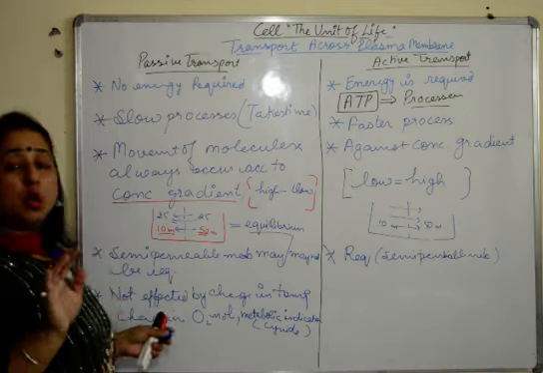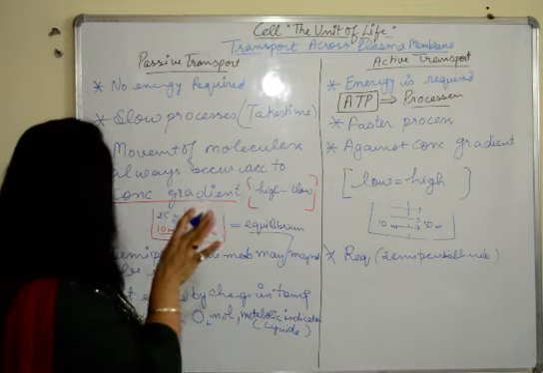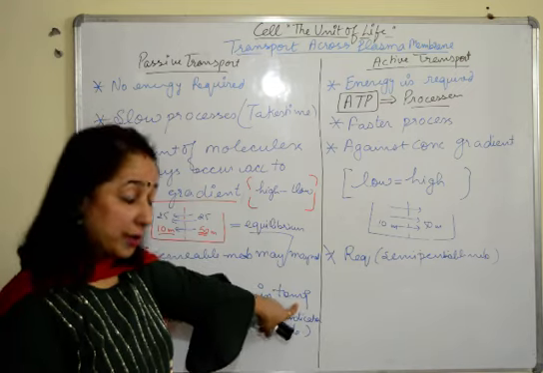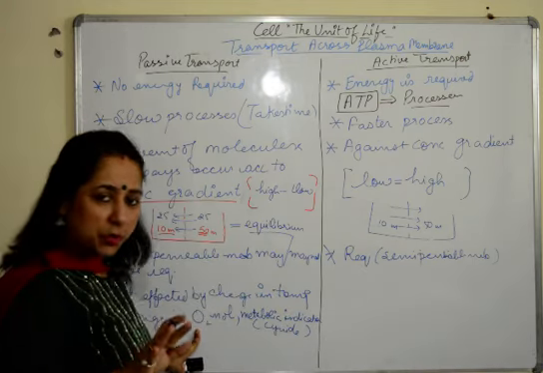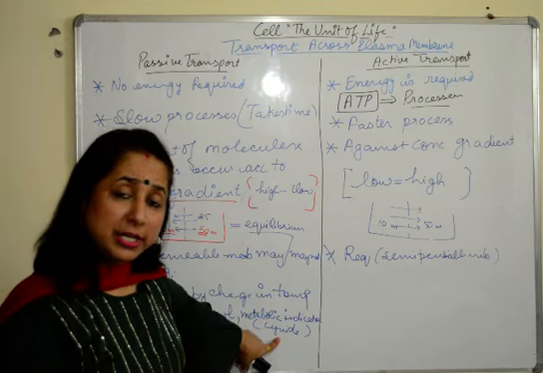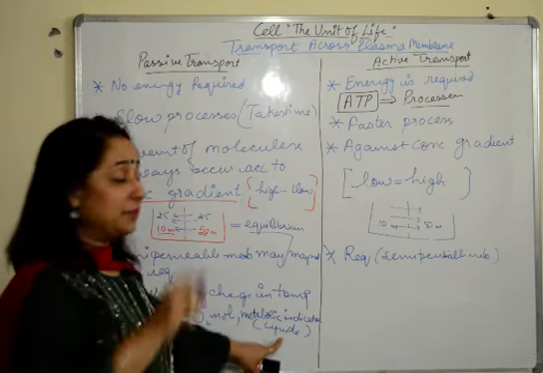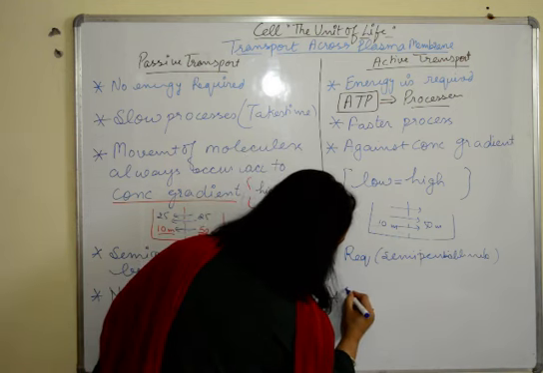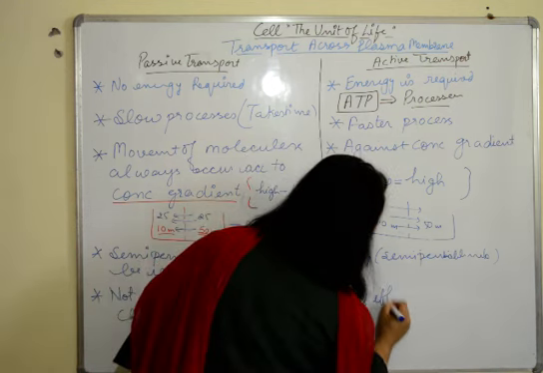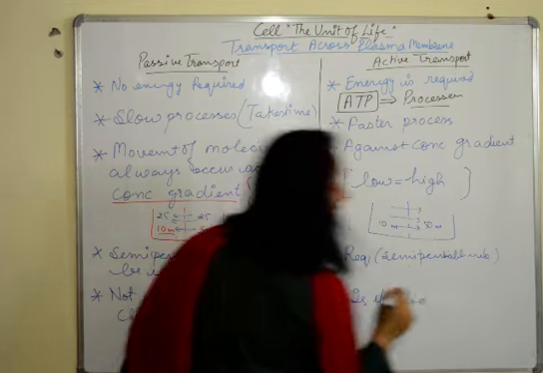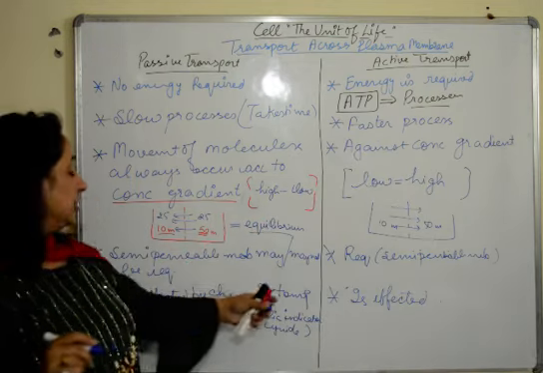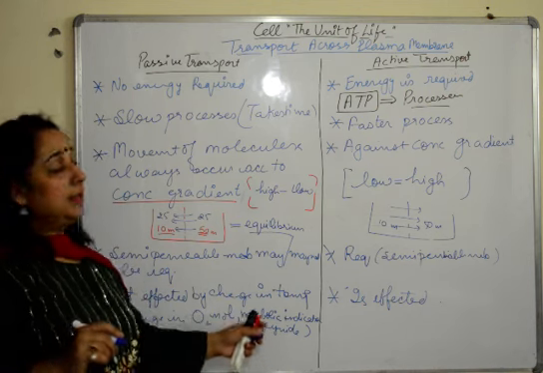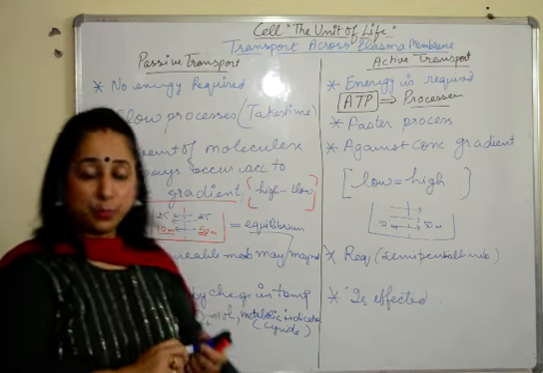So there is no change in the process if the temperature changes, or there is change in molecules of oxygen, or there is addition or deletion of some metabolic indicator, whereas in active transport it is affected. It gets affected by the change in temperature, change in oxygen molecules and metabolites. Fine. So this is also a very important pointer.